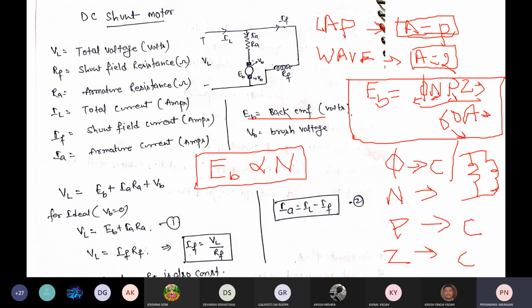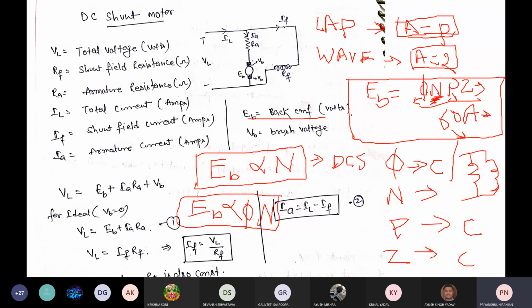So only the dependent part is speed, which is variable. This is about the DC shunt motor, but we generalize this form for the DC machine: it is proportional to flux and speed. So one relation comes out: EB is proportional to phi and N.